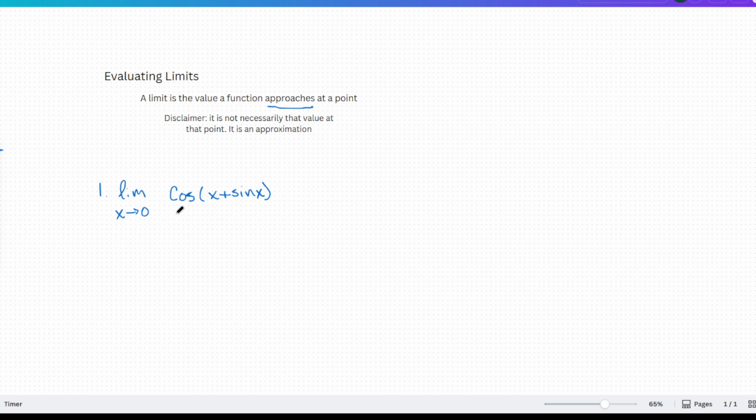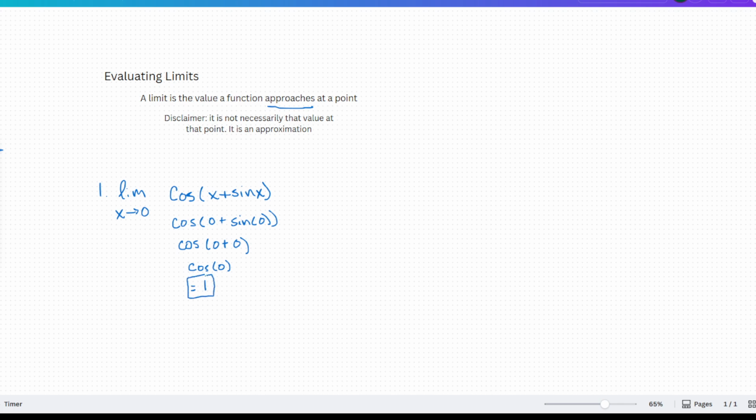So we can do cosine of 0 plus sine of 0. Sine of 0 is just equal to 0, and cosine of 0 is equal to 1. So this one's pretty straightforward.